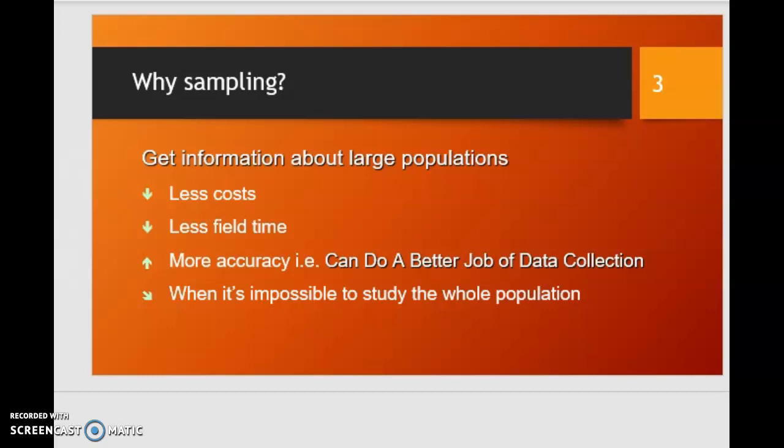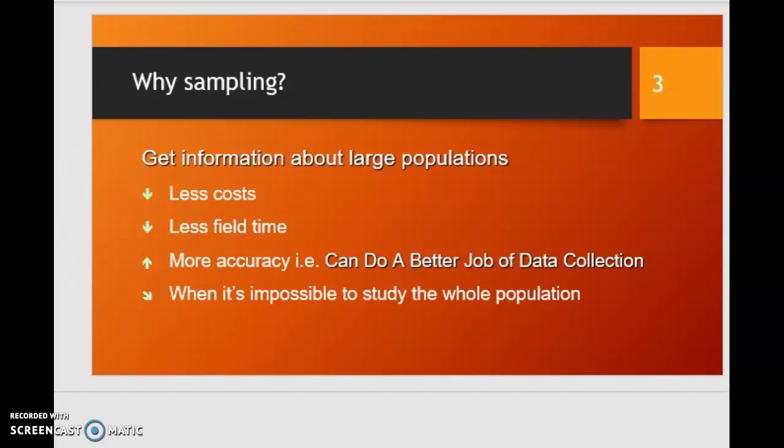But sometimes that's not always feasible, and so we would have to look at a subset of the population. Getting information about a large population is very expensive. It takes a lot of time, and sometimes it is nearly impossible to study the entire population.